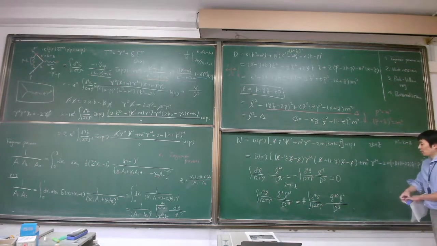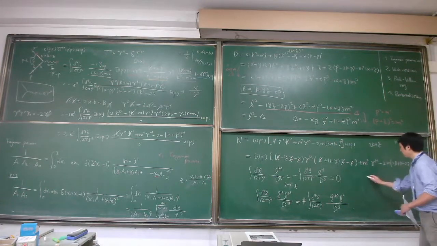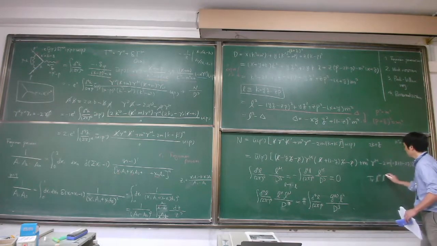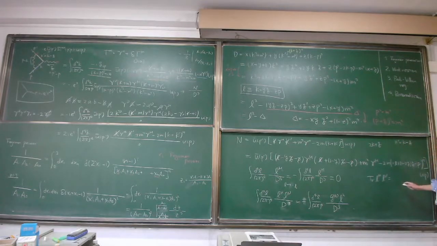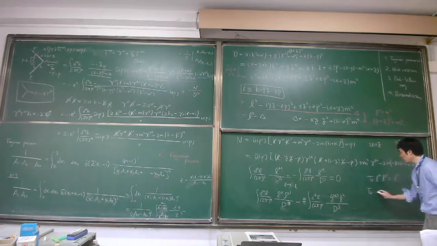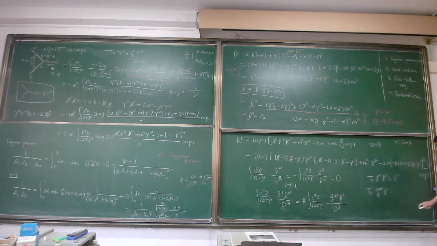If you take a trace of this one, the trace of L mu L nu, trace means mu equal to nu, which means L square. On the other hand, if you take the trace of G mu nu L square, then the trace of G mu nu is delta mu mu, which is equal to 4. 1, 1, 1, 1.